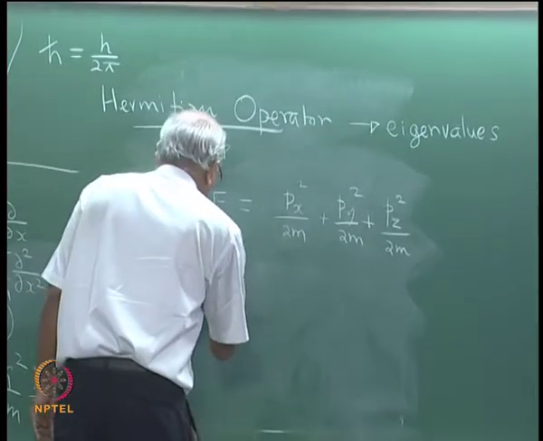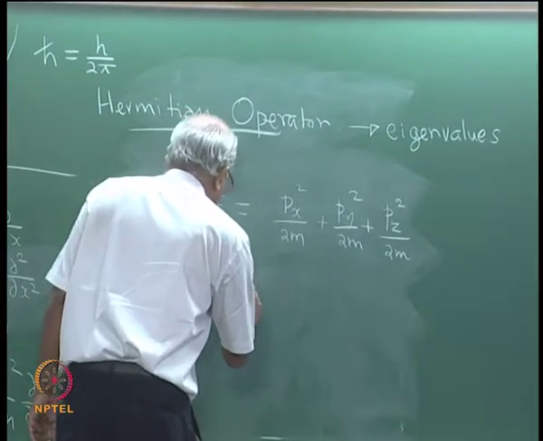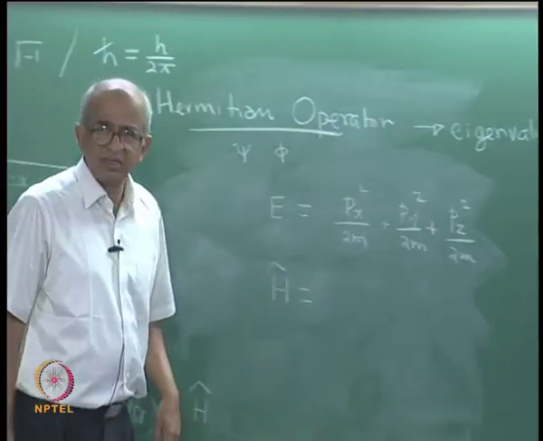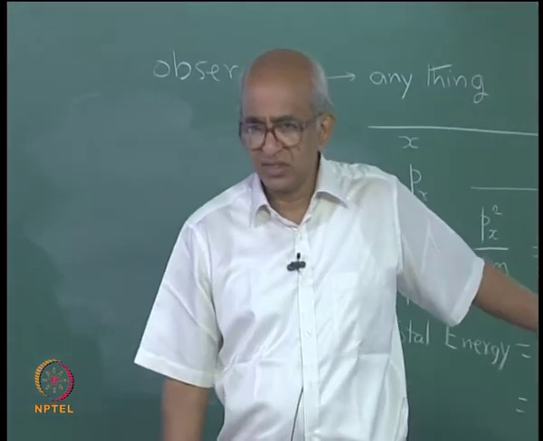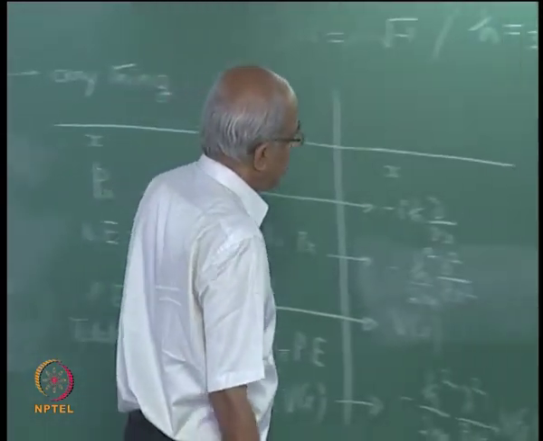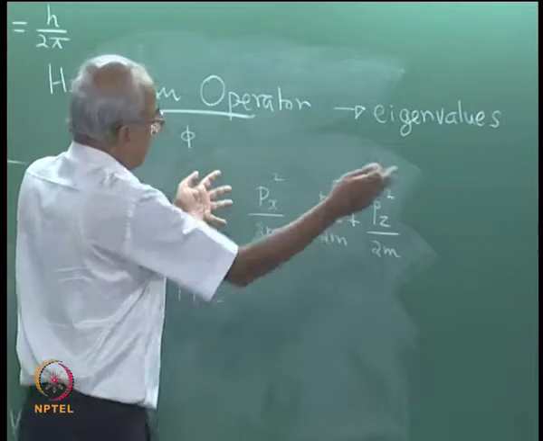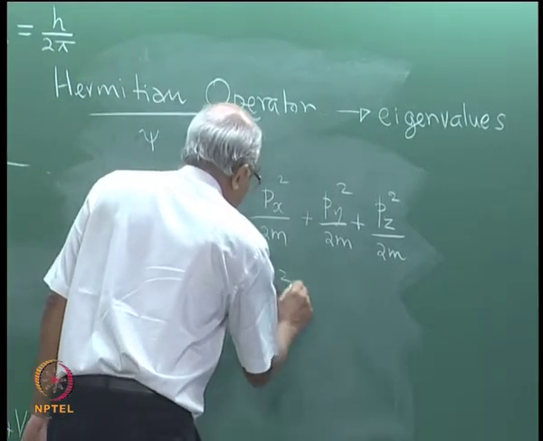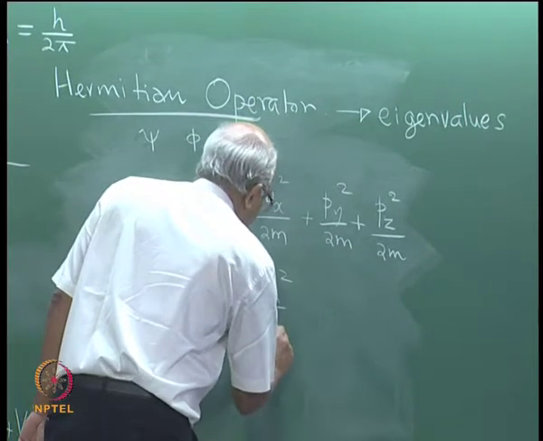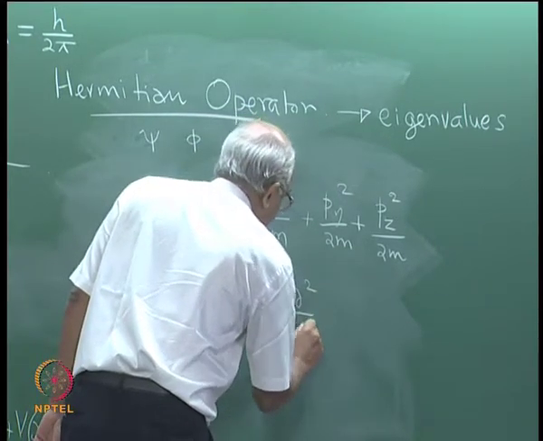And then what will be the Hamiltonian operator, which will describe my helium atom? The Hamiltonian operator is the operator associated with total energy. And what is going to happen? You will make these replacements. You have Px square, so I am going to get minus h cross square by 2m dou square upon dou x square.